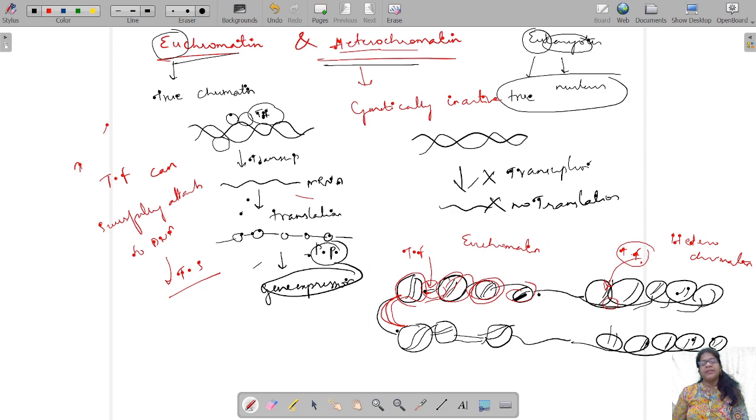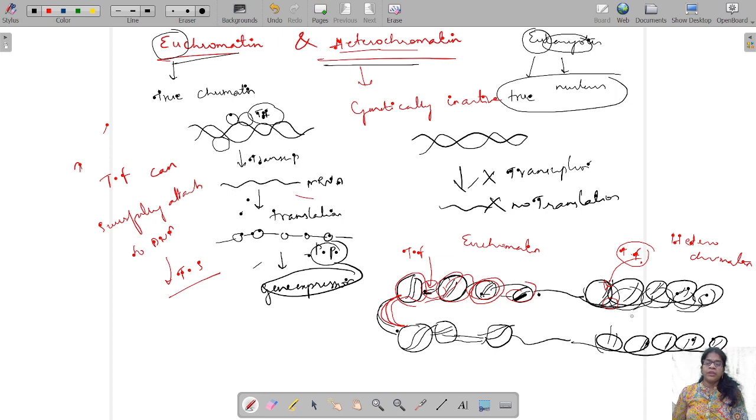There is no binding of the transcription factor to the gene happening in heterochromatin. Why? Because there is no accessibility for the transcription factors to bind to the DNA. If you closely notice here, in euchromatin you have linker DNA space available between all the nucleosomes. Whereas in heterochromatin, you can see there is a tight binding of your histone proteins, so tight that there is no place for the transcription factors to attach to your DNA.